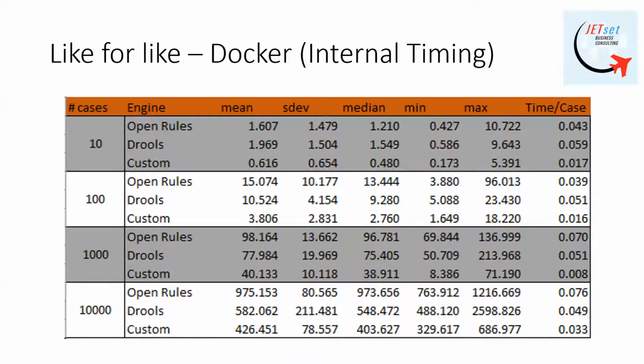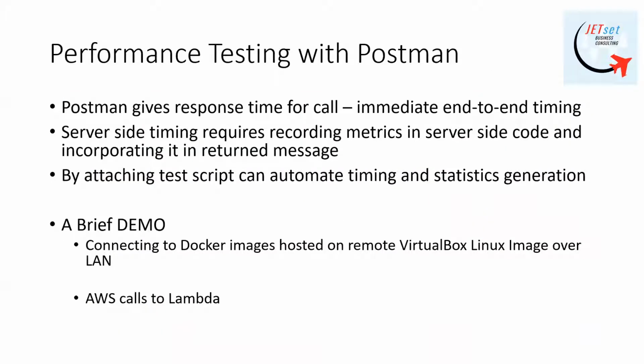Now I've glossed a bit over how the performance testing is done, but as suggested in the challenge, I used Postman. Postman is very good for testing APIs from a functional perspective.